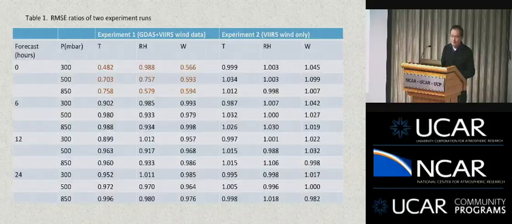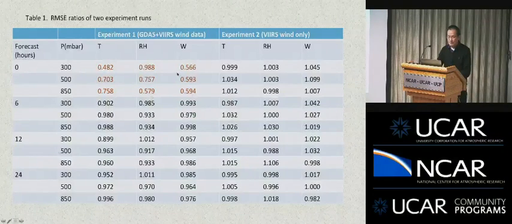So this table gives you the ratio. You can see in experiment 1, this is the analyzed time, this is the 6-hour forecast, 12 hours, and 24-hour forecast.